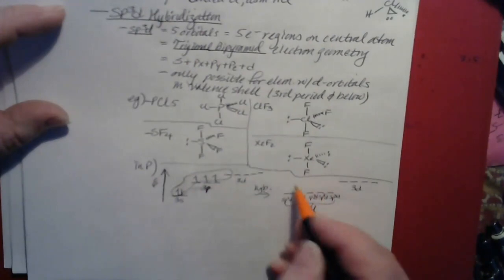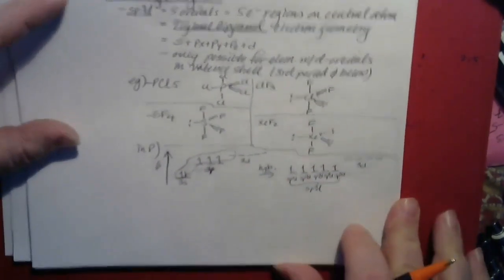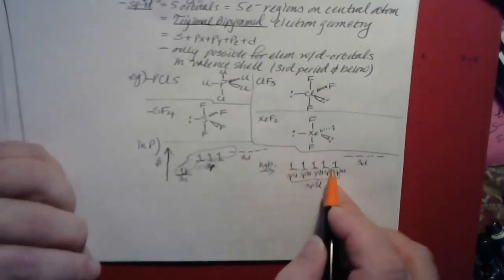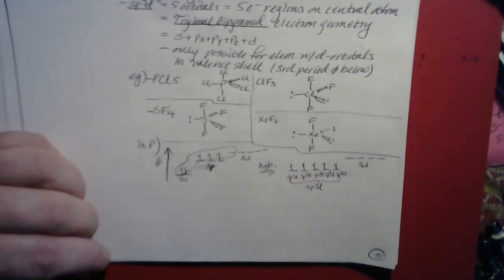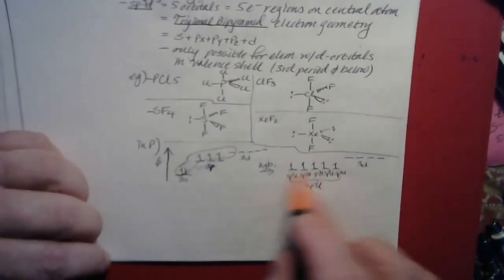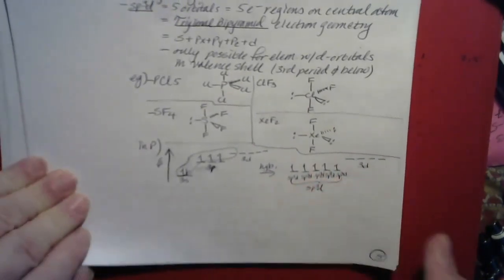I forgot to draw the electrons in. And since you've now got 5 orbitals, all of equal energy, that each has 1 electron in it, this is how the atom can form 5 bonds, or 5 regions of electrons anyway, around the central atom.